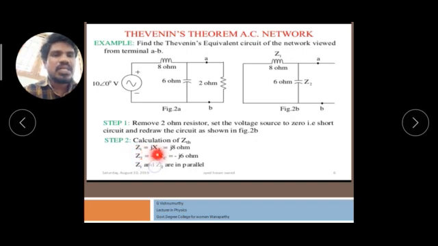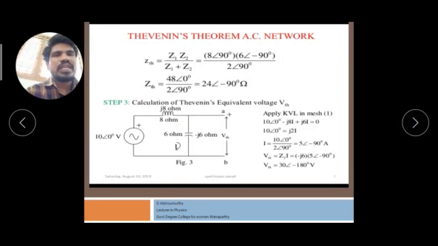Z1 is equal to JXL, which is J8 ohms, and Z2 is equal to minus J6 ohms. Because these are in opposite directions, Z1 and Z2 are in parallel.